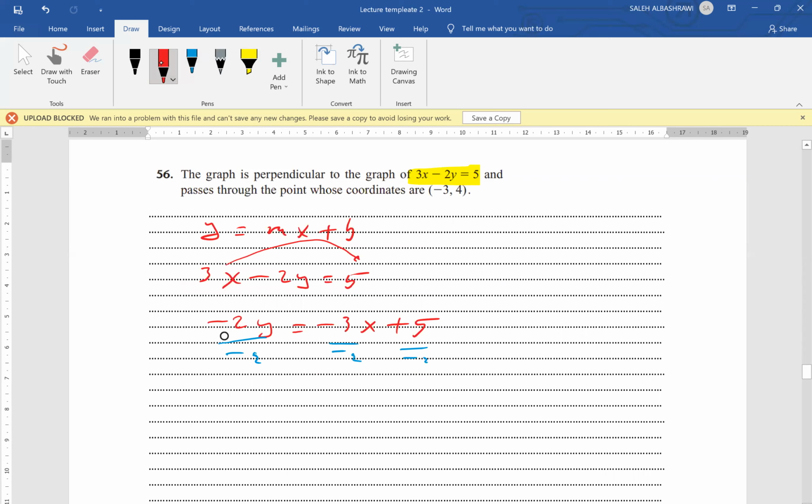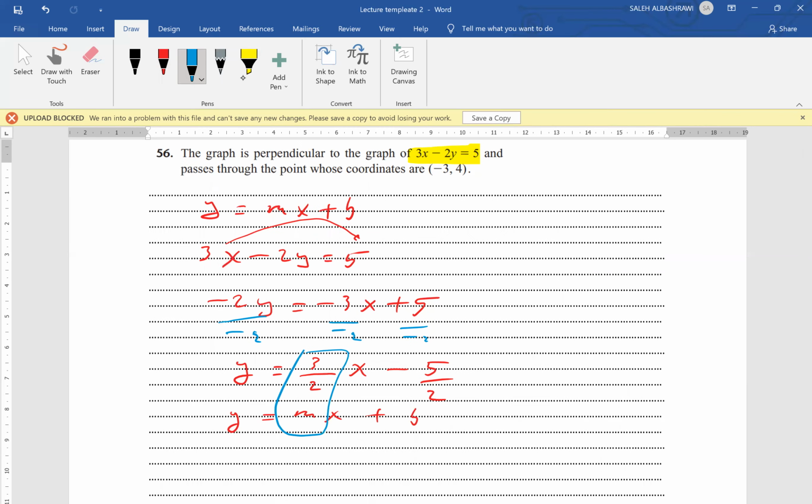I will have y equals 3 over 2 x minus 5 over 2. Now, if we compare it to the general form mx plus b, we will see now the slope is equal to 3 over 2.